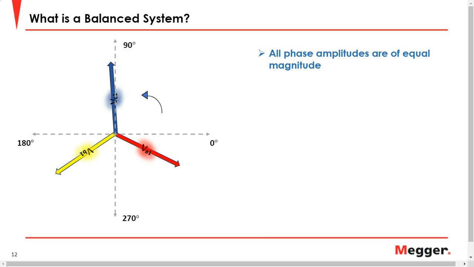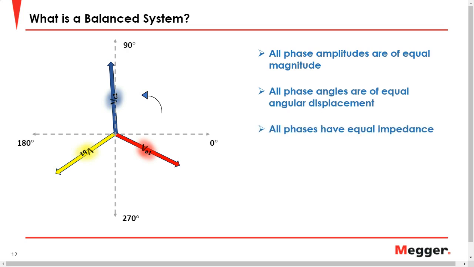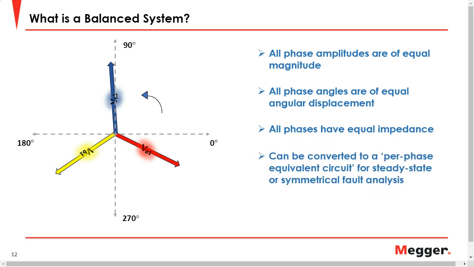And we say unsymmetrical rather than asymmetrical, because asymmetry has more to do with shapes, whereas if something is unsymmetric, it has to do with quantities. As we see here, our vectors are of equal angular displacement, and of course, all phases have equal impedance.